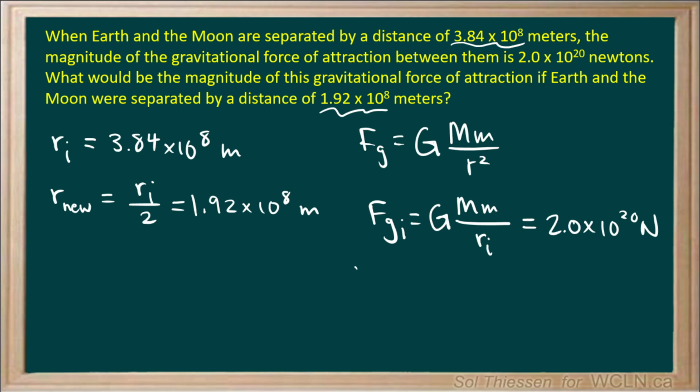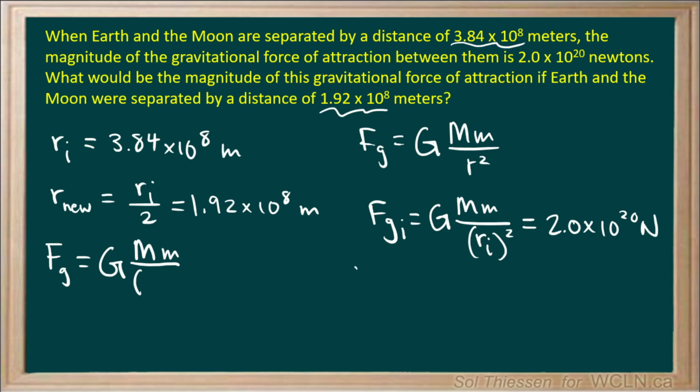And then over here, we'll calculate the new force of gravity. When we just change the distance between them, it'll be G, mass of the Earth, mass of the Moon, divided by, oh sorry, this should have been squared back here.